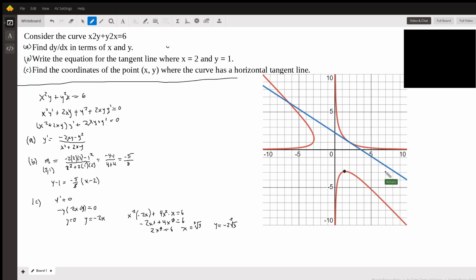I'm just going to put the decimal equivalent here. So it's roughly 1.4 comma negative 2.9 in decimal. And you can see this is roughly negative 3 for the y value and roughly 1.4 for the x value.